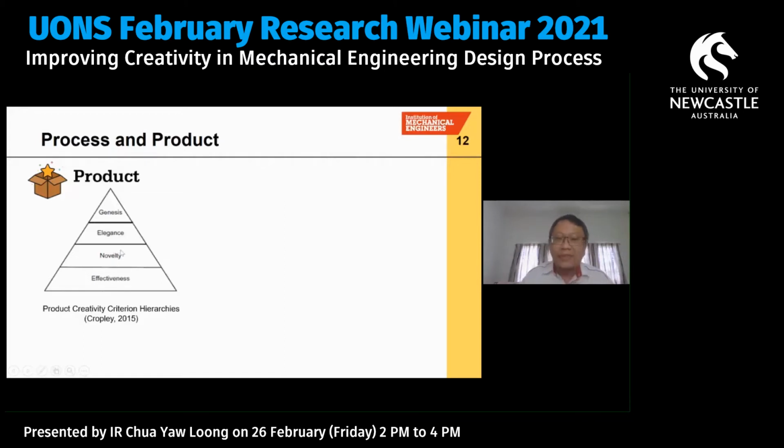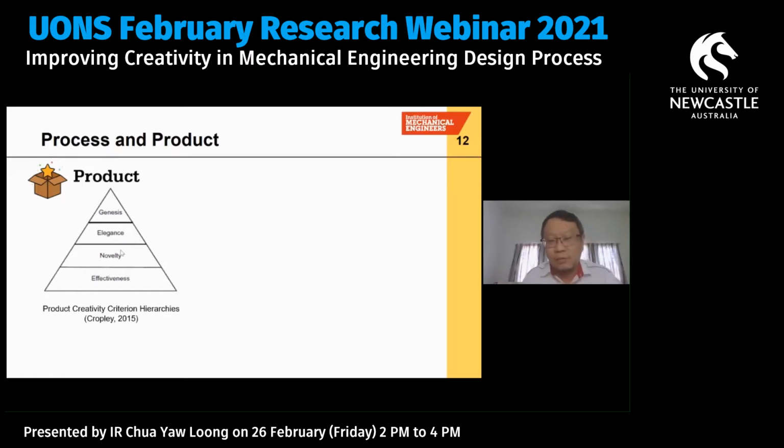The third criterion for a creative product is elegance. Elegance is about giving a wow factor, like, oh, this product, this artifact is very beautiful. The wow factor is, wow, I never thought this could be done in such a way. And the last one, which is very hard to achieve, is what we call genesis.